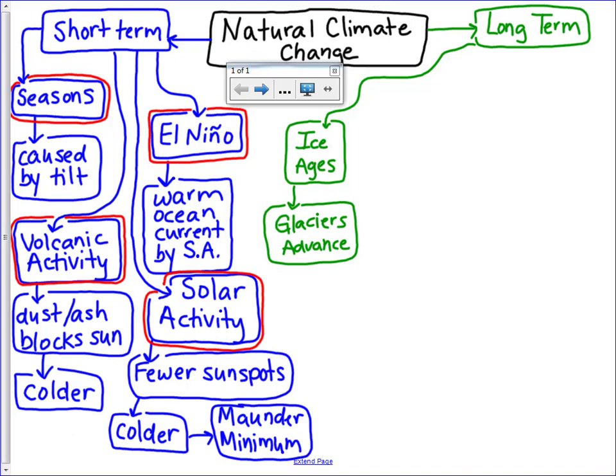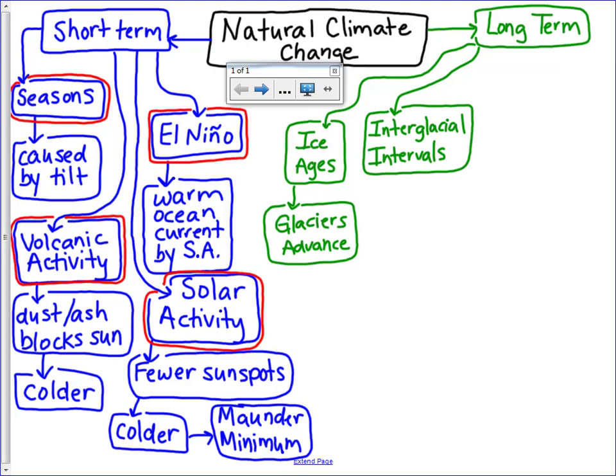In between ice ages, which is what we are in right now, we have what are called interglacial intervals. That's a mouthful to say that those are the times when the climate is a little bit warmer, as it is now, and whatever glaciers we have on the planet are retreating.